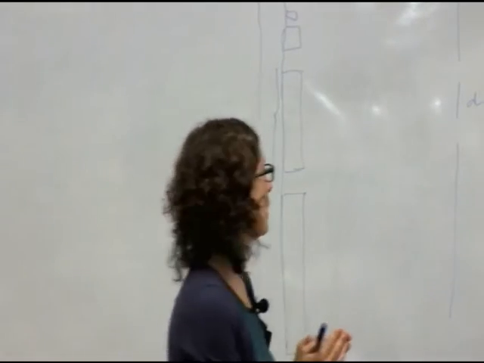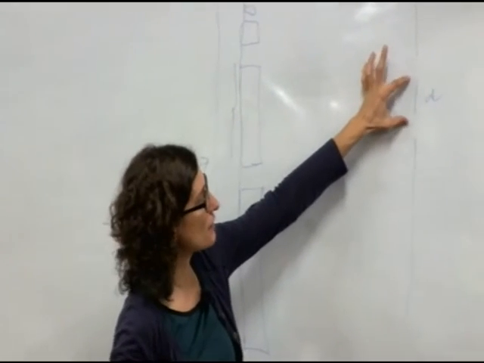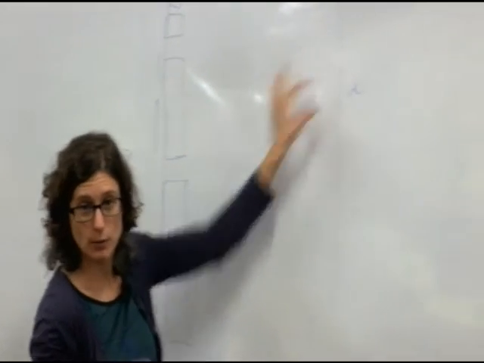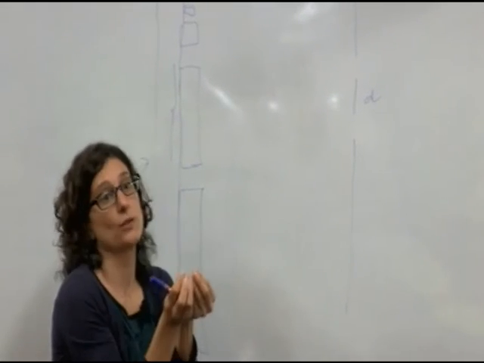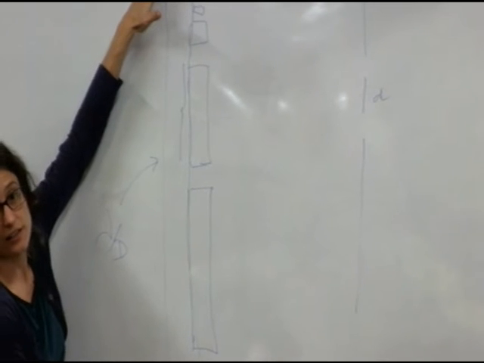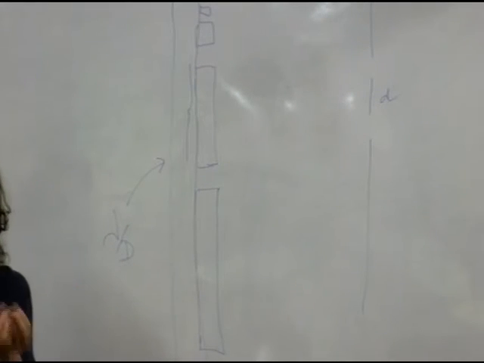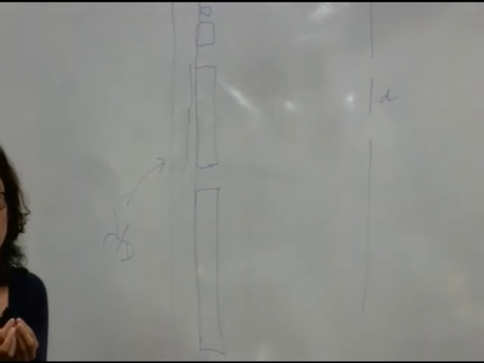Because you can make this distance as small as possible, putting the antennas as close as possible in order to retrieve the largest scale structure. But at some point, there is a limit in how close the antennas can be, right?